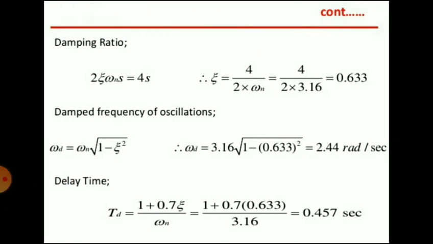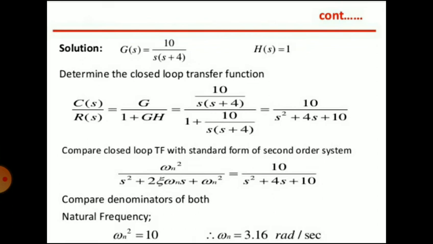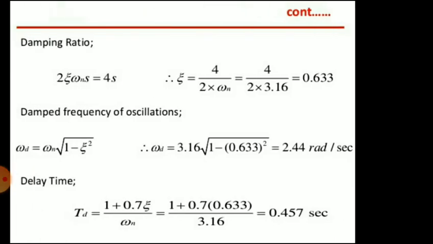Then the damping ratio. In the given expression, the middle term in the denominator is 4s, and in the standard form of a second order system it is 2 zeta omega n s. So 2 zeta omega n s equals 4s, which you have to equate.